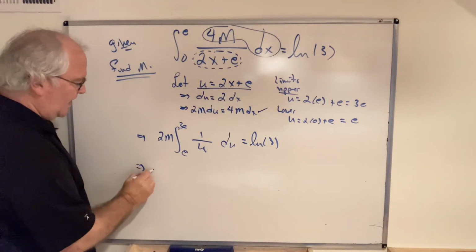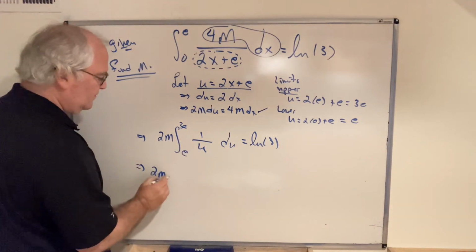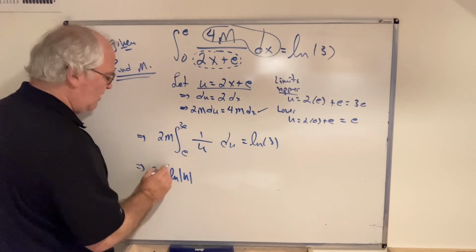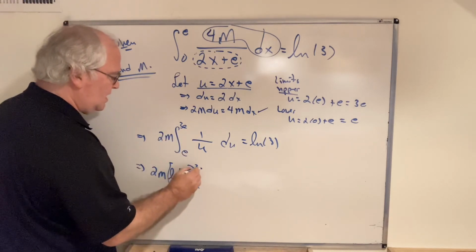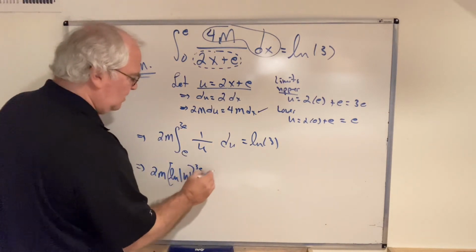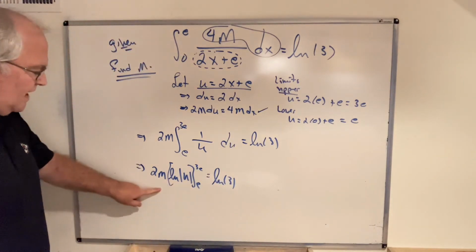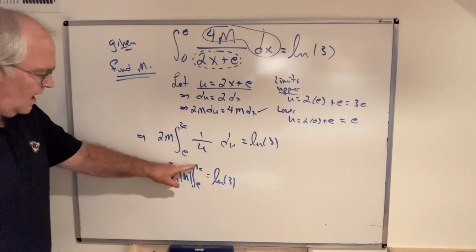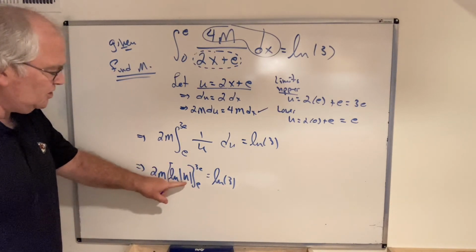So now let's do the antiderivative. The antiderivative of 1 over u is the natural log of absolute u, but this is now evaluated from e to 3e. And that's still equal to natural log of 3. Continue to the antiderivative, evaluate the upper limit of integration minus the lower limit of integration.